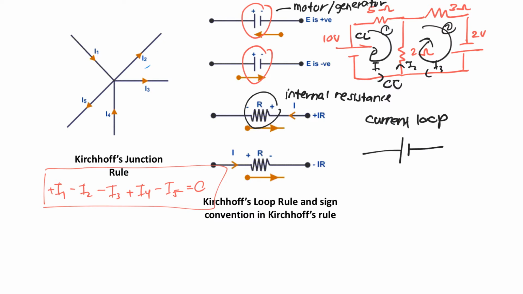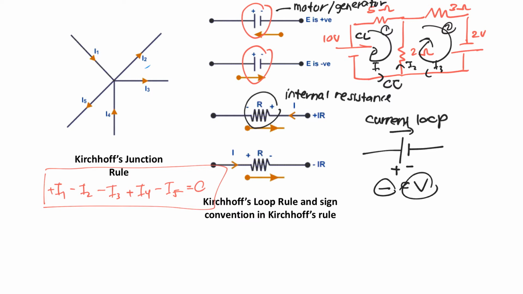For the power supply or motor or generator, if your current loop, which is your assumption, is moving between the terminals, not inside the circuit, from positive to negative, from higher potential to lower potential, you need to look at the sign of the output, not the input. So moving from higher to lower means your EMF, your potential difference, is going to be negative.